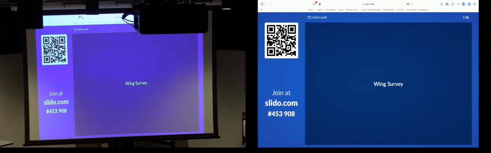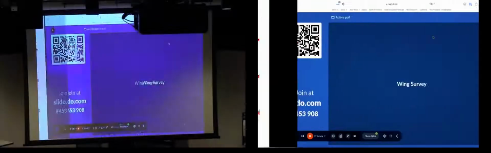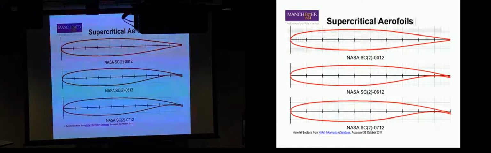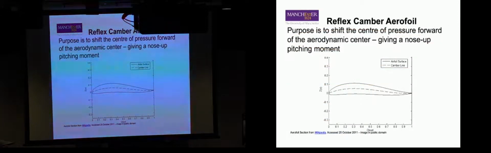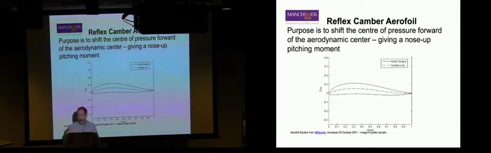We want curvature that turns up at the end if we want to eliminate that. And that's called a reflex cambered aerofoil. So we have a lot of camber up front to generate our lift, and we have a small amount of adverse camber at the back, generates a little bit of downforce, which cancels out that pitching moment.